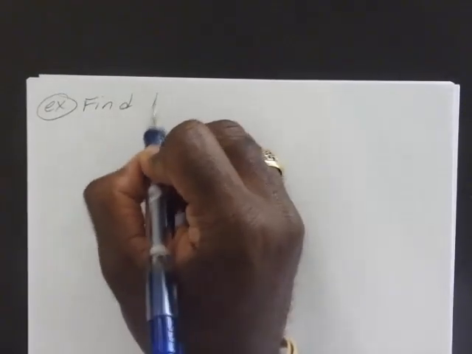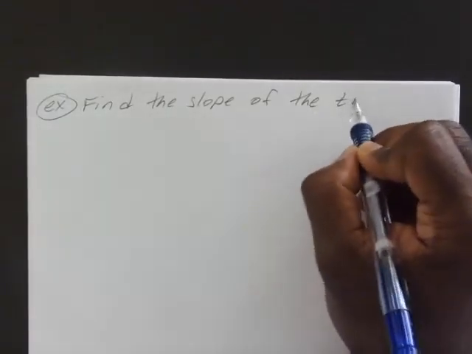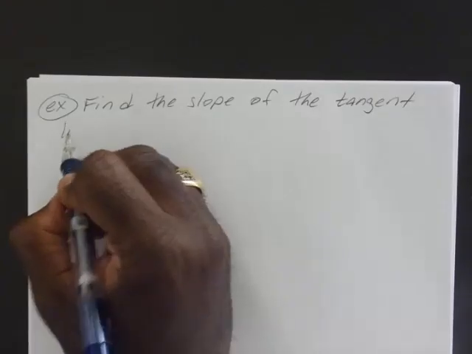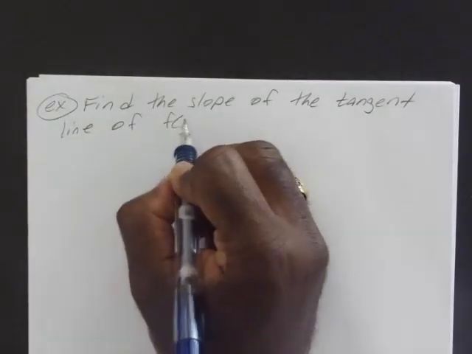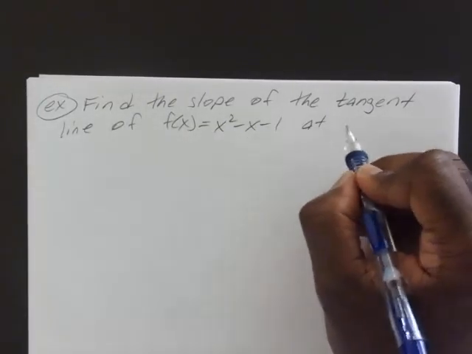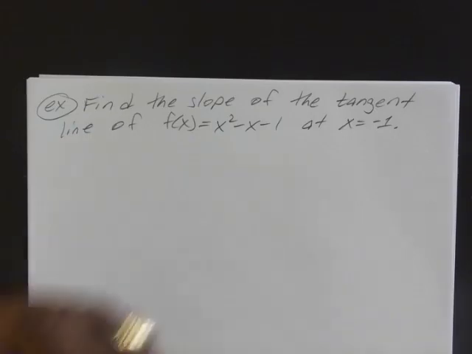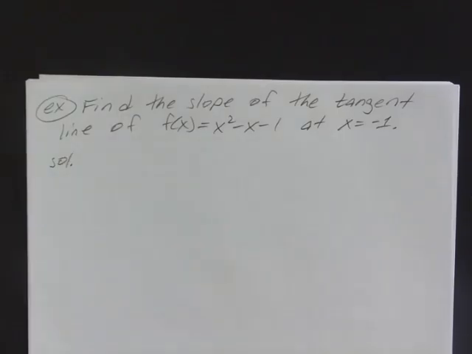What if we want to find the slope of the tangent line of f of x is equal to x squared minus x minus 1 at x is equal to negative 1. Okay.